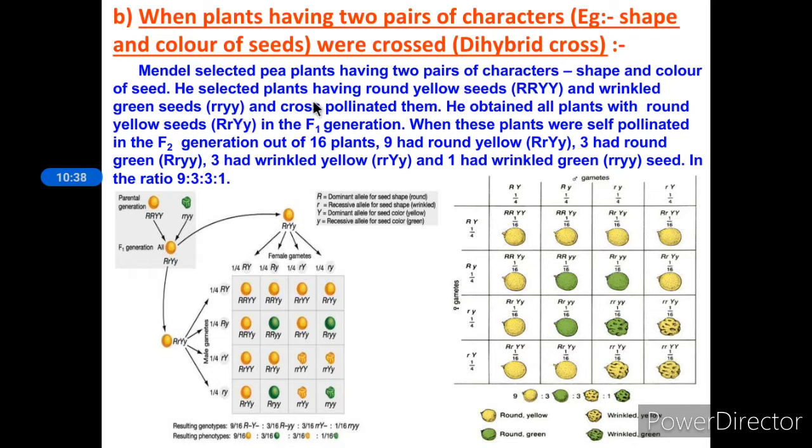So these two were cross-pollinated, and he obtained all plants with round yellow seeds.